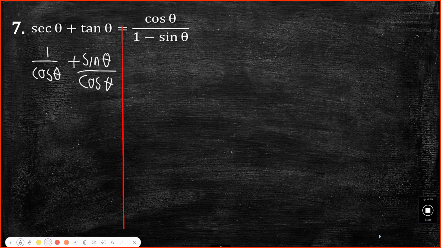It's not matching up at all. What are we gonna do? If we do this, what do we do? 1 plus sine. Well, yes, it is. But is it going to take me anywhere? How is this equal to that?